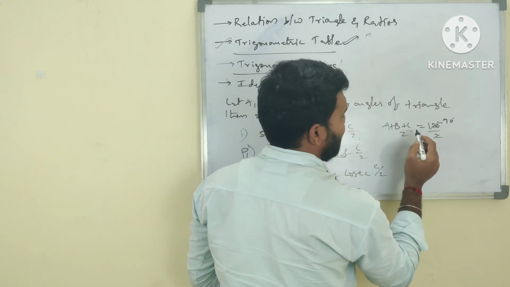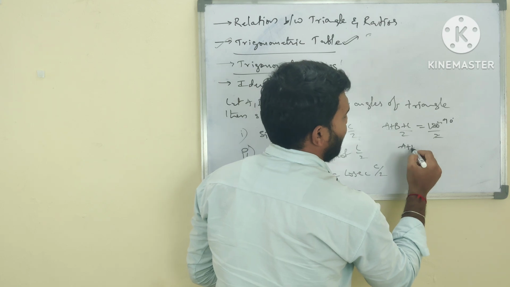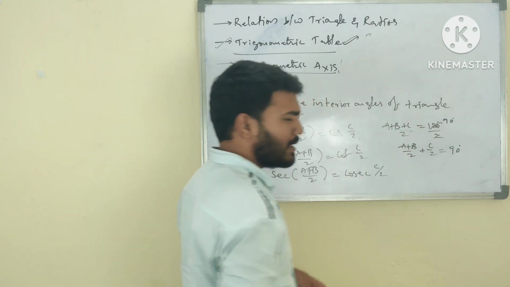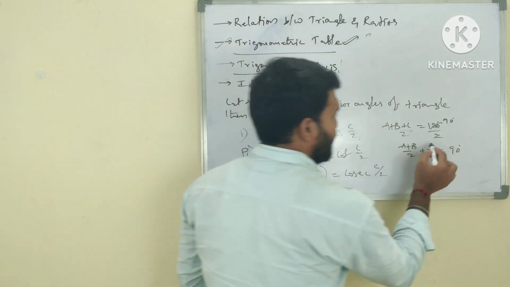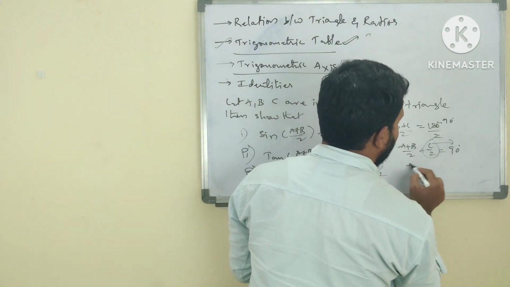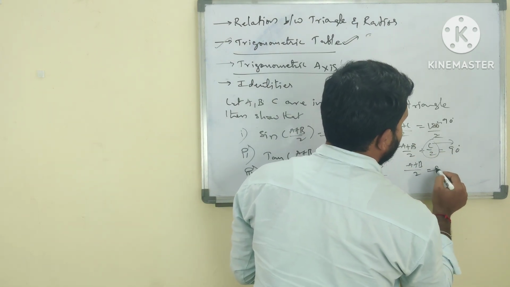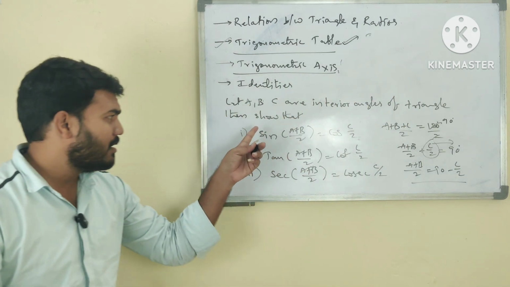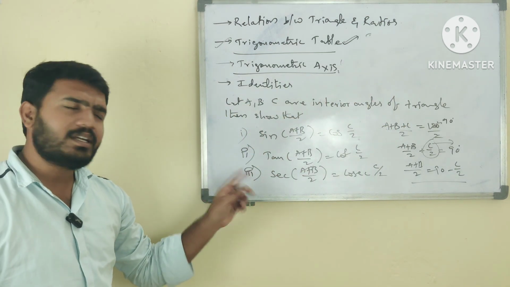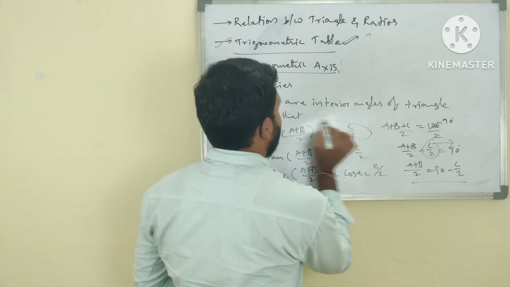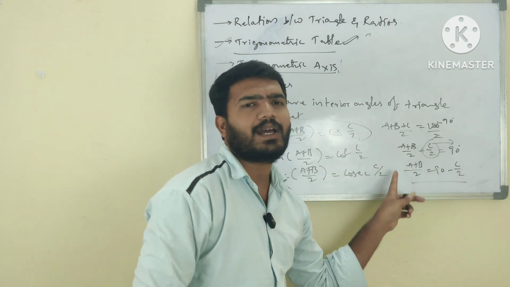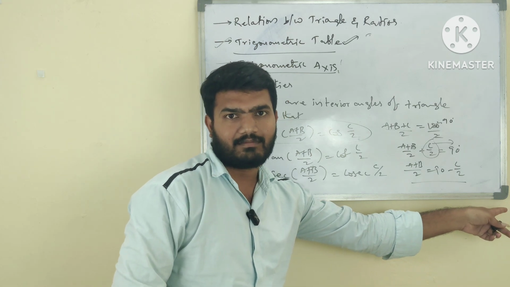So A plus B plus C by 2 ni manam A plus B by 2 plus C by 2 ga divide cheskoni, that is equal to 90 degrees. Now just take this value here so that you will get A plus B by 2 is equal to 90 minus C by 2. Now whatever here you have to add that ratio. For example, if you are proving the first statement, then you just have to add sin theta on both sides.